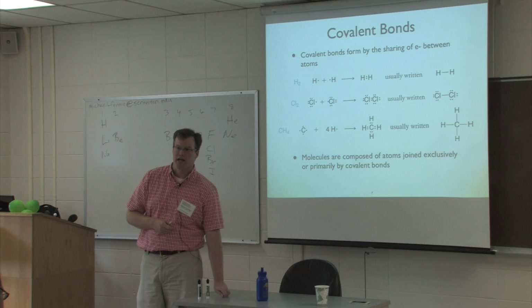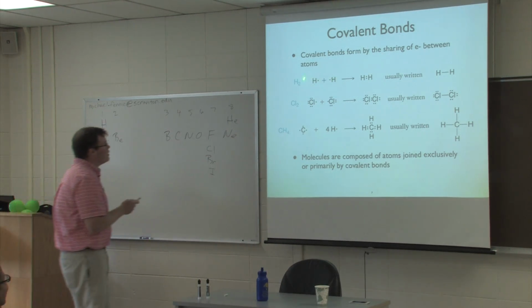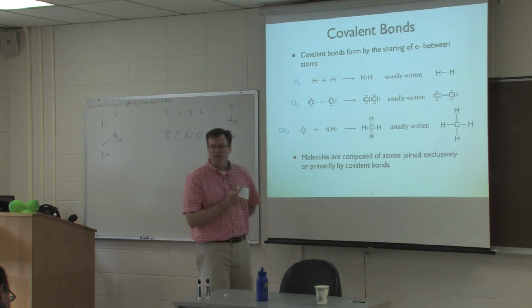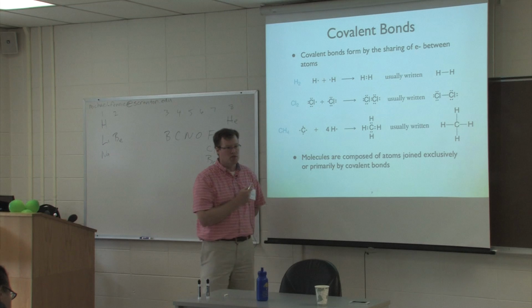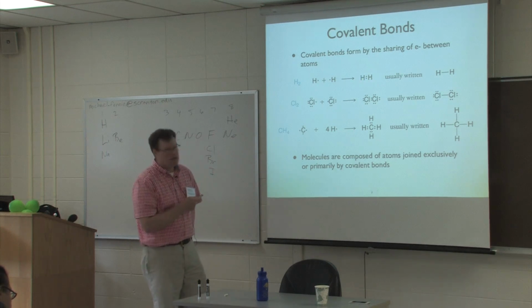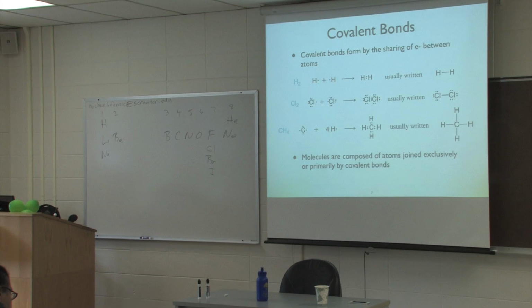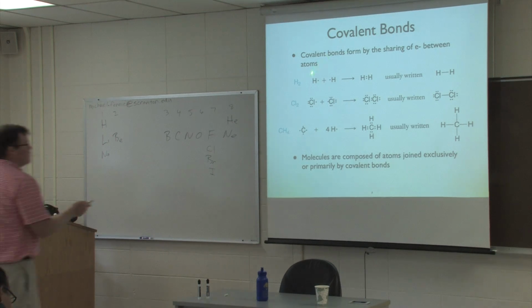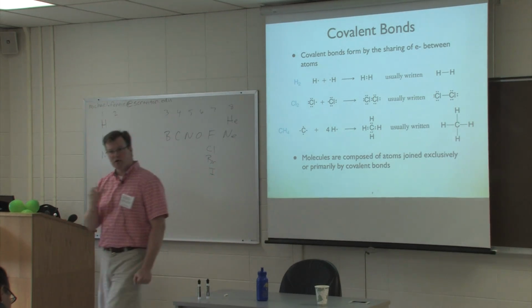If we take 2 hydrogen atoms and bring them together, and I broke my chalk, each comes to the table with 1 valence electron. They can share those 2 electrons like this in a bond, forming the H2 molecule. This hydrogen is not stealing the other hydrogen's electron. It's not an ionic bond. This is a covalent bond.